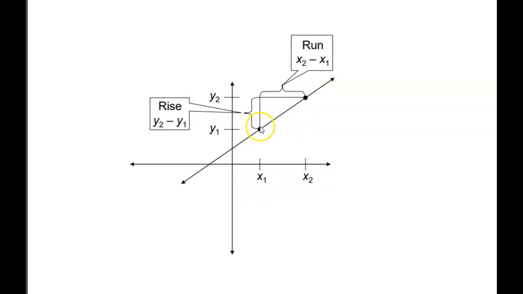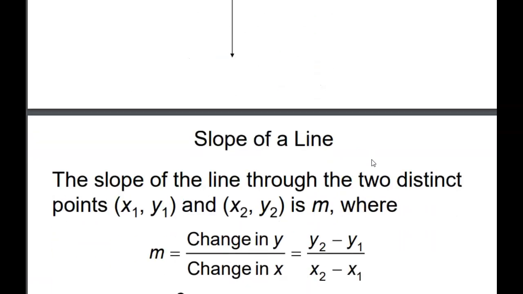If you started calculating your rise by doing y1 minus y2, starting with this point here, that's okay, as long as in the denominator of our slope, or the run part, you also start with the x value of this same point and subtract that x value. Otherwise, if you don't keep the order right, you will get incorrect signs as a minimum in your answers.